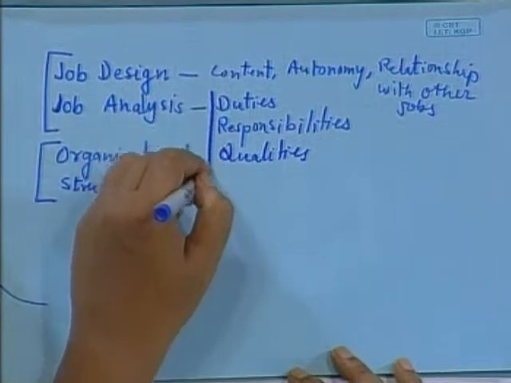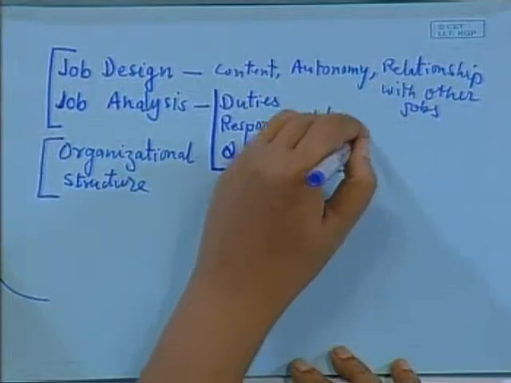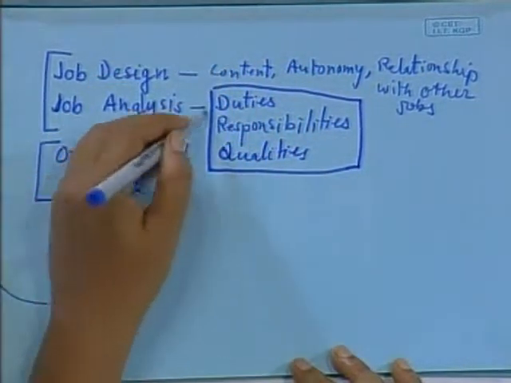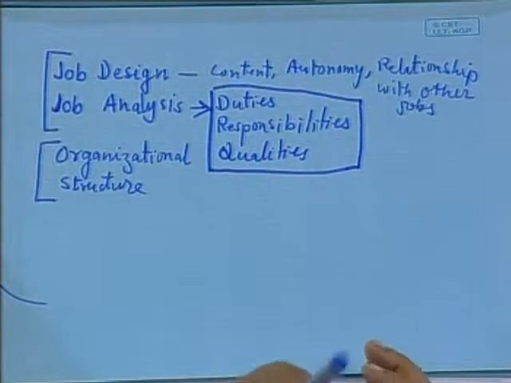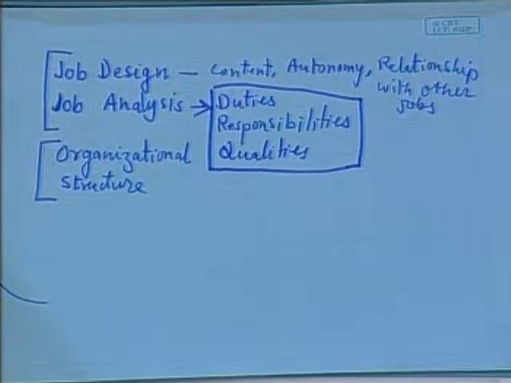So, duties, responsibilities and qualities are part of job analysis. Qualities in what sense? In terms of qualification and experience which a person requires to perform the duties and responsibilities associated with a particular job. Got the point? So, structure, design and analysis are a prerequisite to proceed further to understand functions of human resource management.